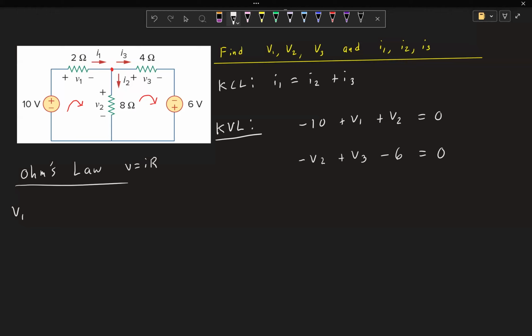So at resistor 1, we'll have V1 equals I1 times 2, because over here we've got an I1 going through resistor 1. Now we can just do the same exact thing for the other two. So then we're going to end up with V2 equals I2 times 8, and V3 equals I3 times 4.